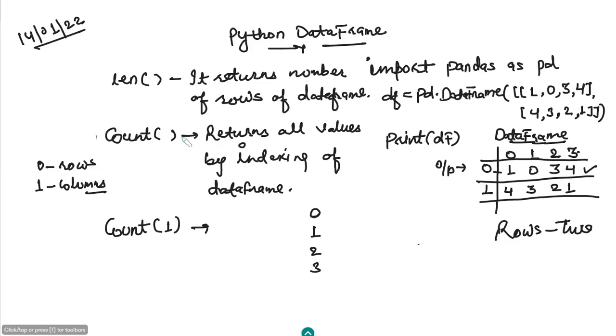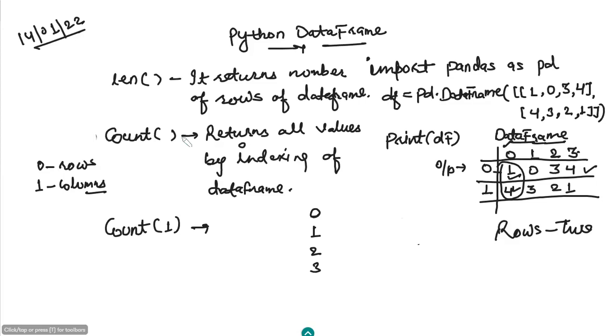In each column, how many values are there? If I am talking about this column, the column name 0, this is my first column. How many values are there? 2.